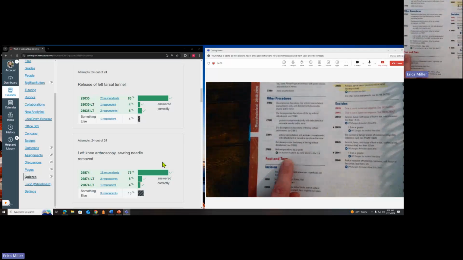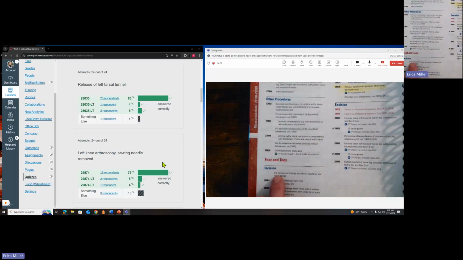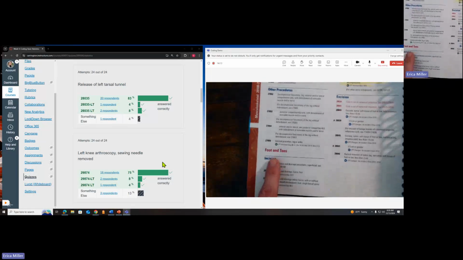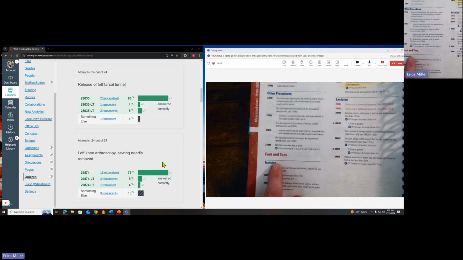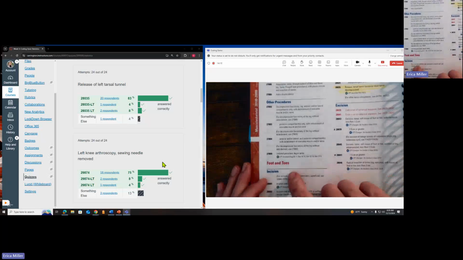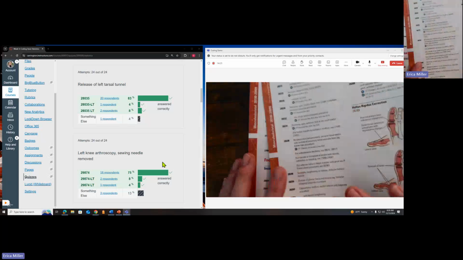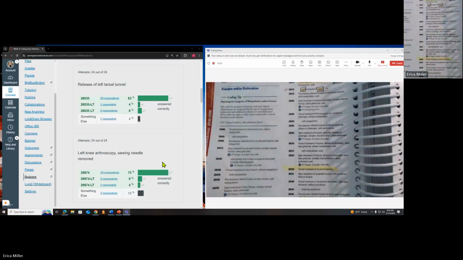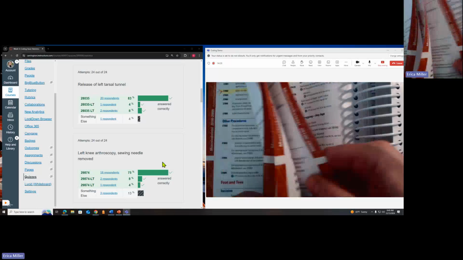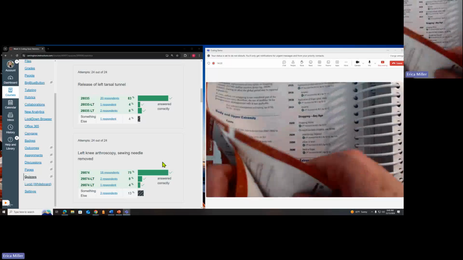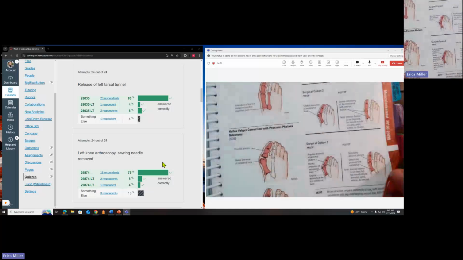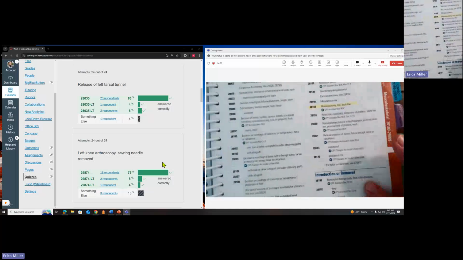Under the red bold section here, any procedures underneath this section are all performed on these two anatomical sites. So this particular range of codes, 28001 all the way through 28890, are all associated to the anatomical site of foot and toes.